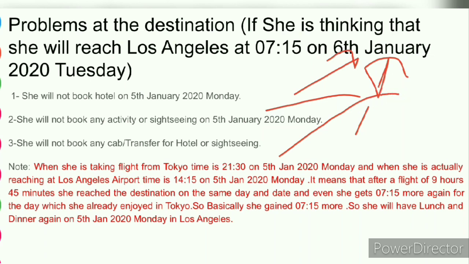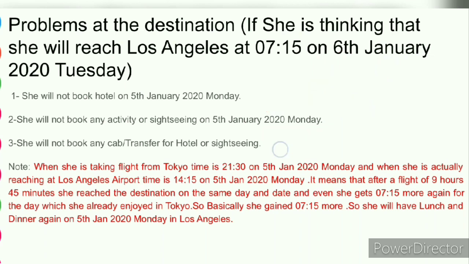Now the third thing is that she won't book any cab services or any transfer for the hotel or any sightseeing. She will definitely book for 6th January, but she will not book any cab services for 5th January.